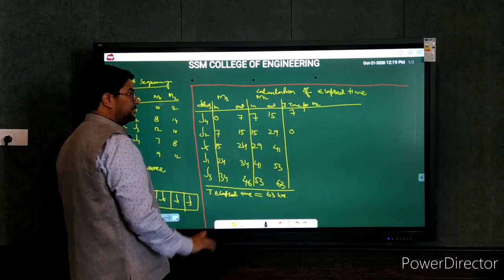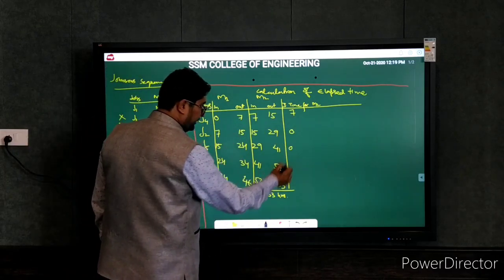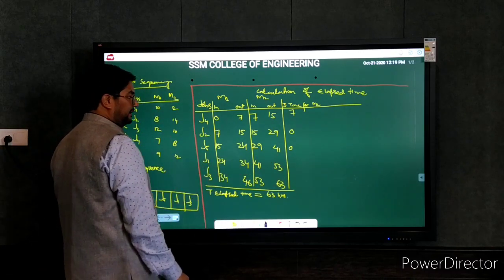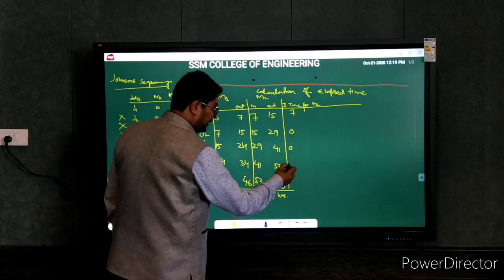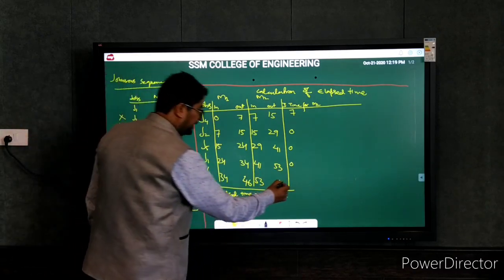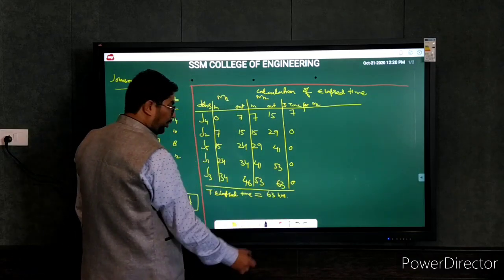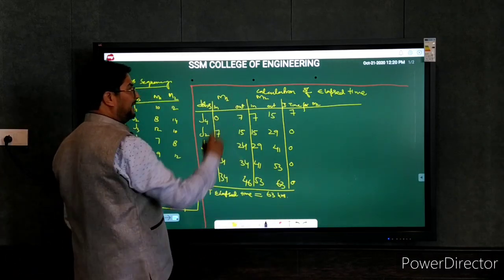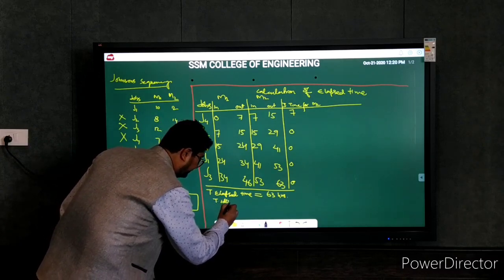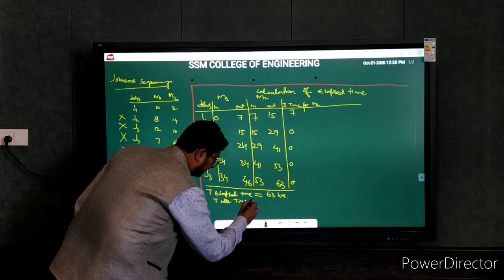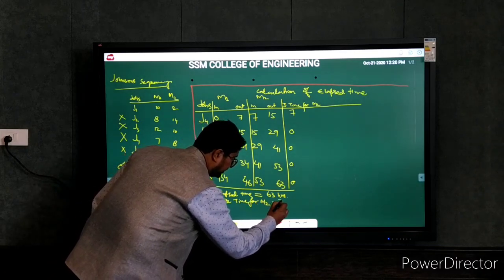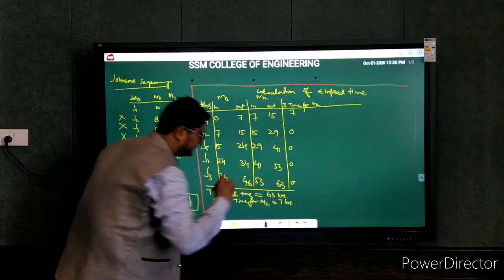At 29, again it took the next job, no idle time. Completed on 41 and the next job was taken on 41, no idle time. 53 and 53, again no idle time. So total idle time for M2 is 7 hours.